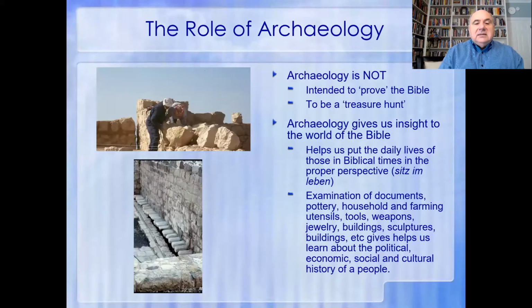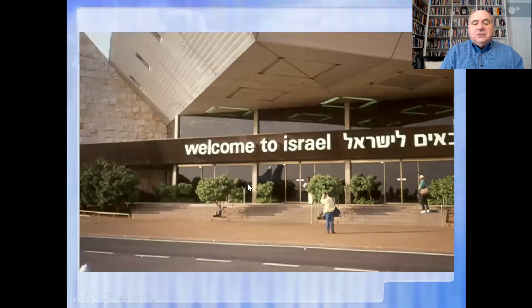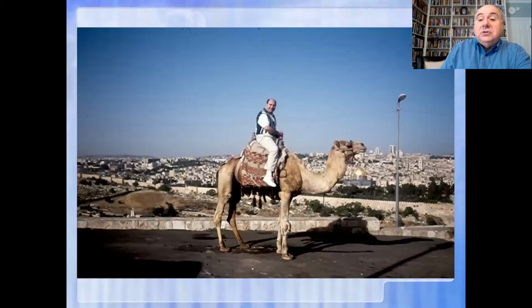Well, as we finish up, again, let me just share a few pictures with you to give you a sense of the flavor of Israel today. If you go to Israel, you fly into the Tel Aviv airport, and now you are here in this land that is home to three world religions.